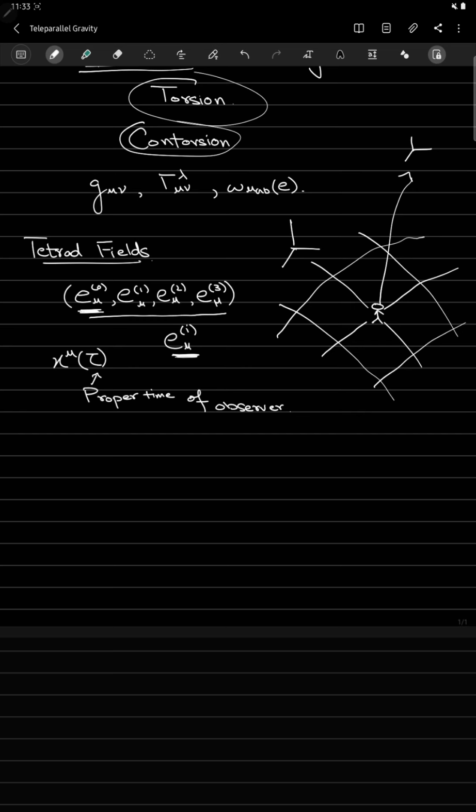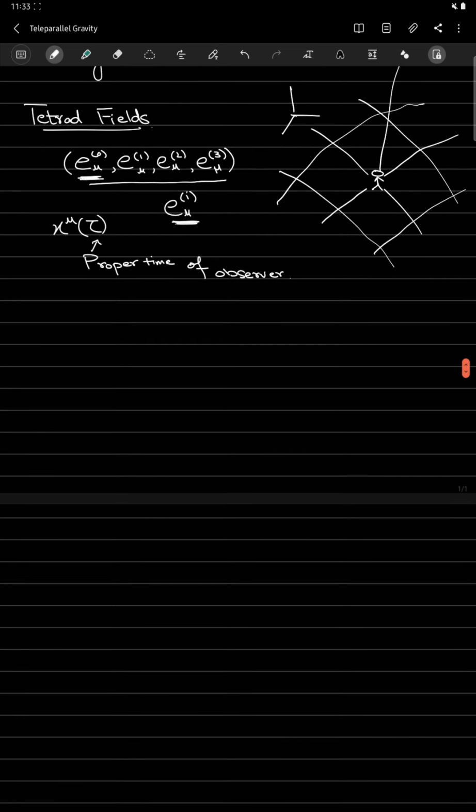Okay, now let's move on, and let's see that these vector fields e mu A, where this A can go from 0 to 3, transform as covariant vector fields under the coordinate transformations, and they transform as contravariant vector fields under SO(3,1), where 3 is for space and 1 is for time.